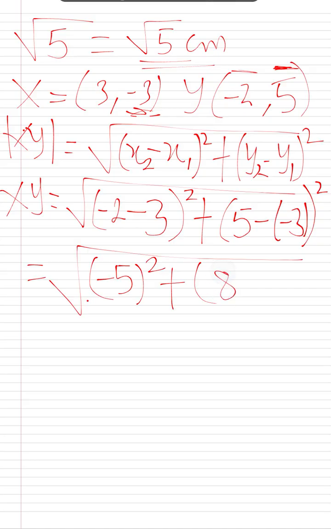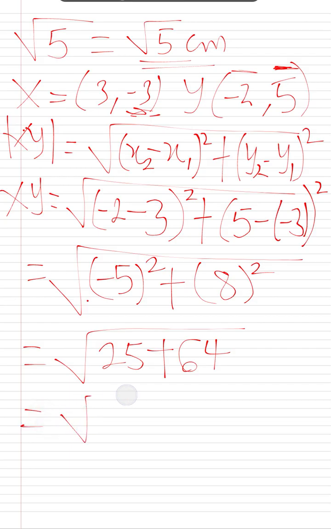That will give us 8 all squared. And that will now give us square root of minus 5 squared will give us 25, then plus 8 squared will give us 64. And if you add that together, you are going to have square root of 25 plus 64. This will give us 89.